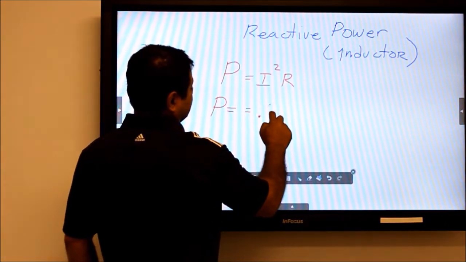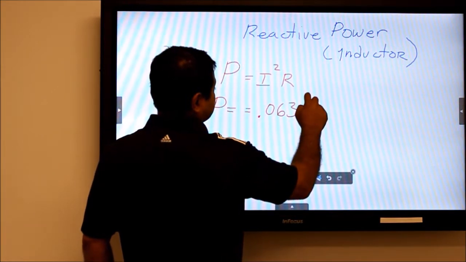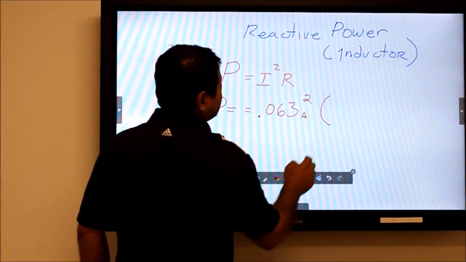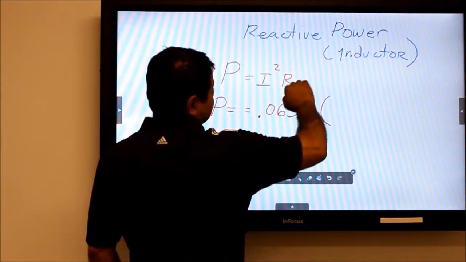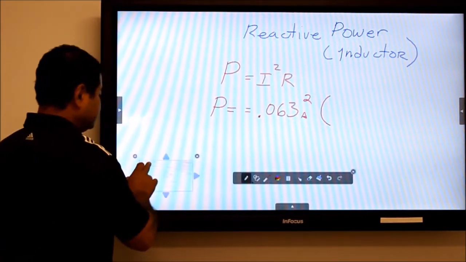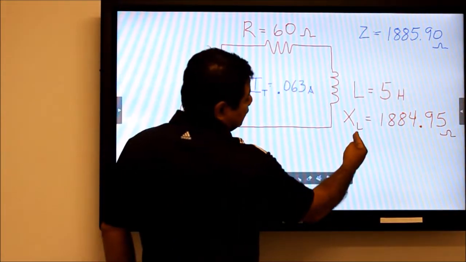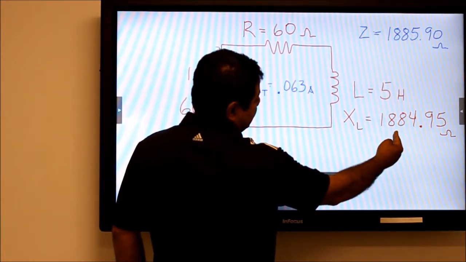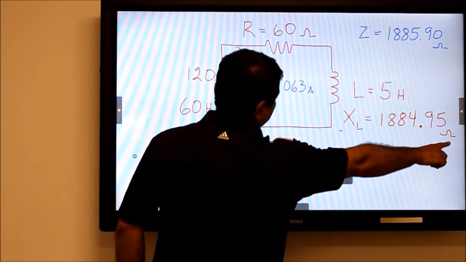So 0.063 amps squared, and you're going to now multiply it by the resistance of the inductor. But remember, the resistance of the inductor had a special name. It's the inductive reactance. Okay, so it's this value right here, 1884.95 ohms.